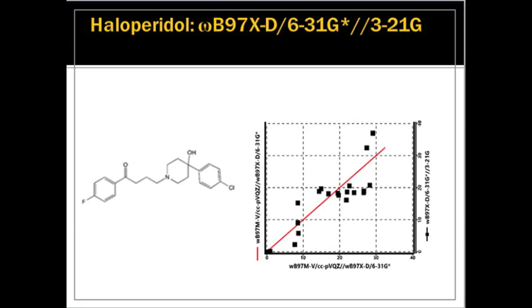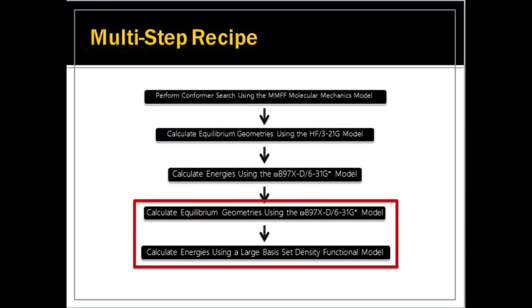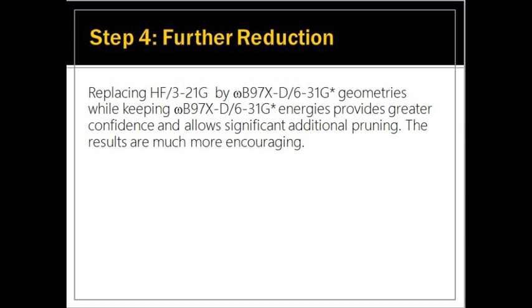We can't use this to get Boltzmann weights, but we can use it to get rid of things. So going back down, the last step is to pick some density functional method that we can trust.